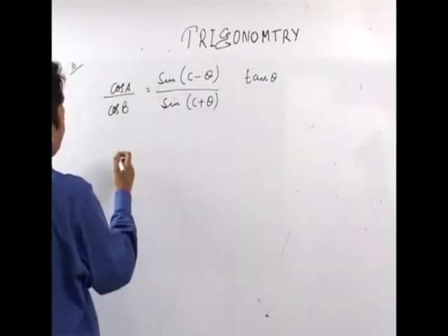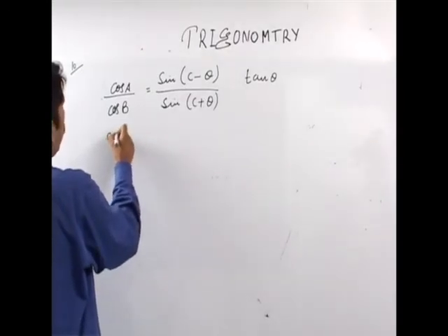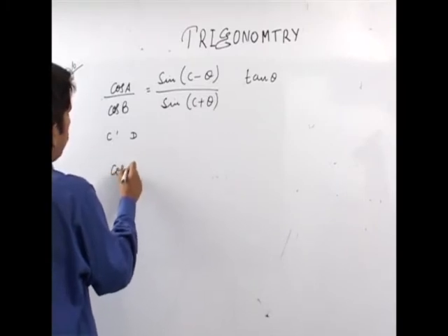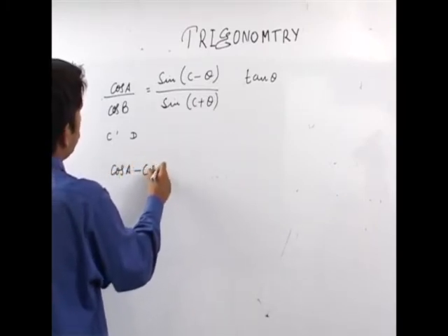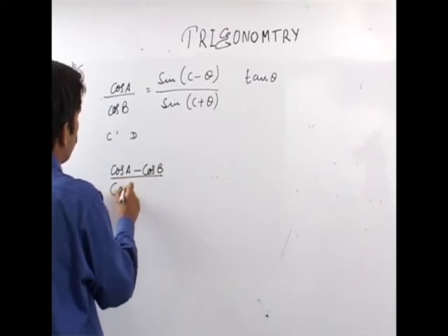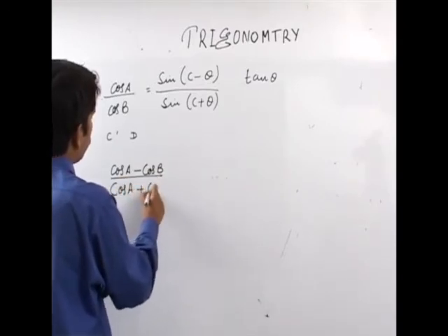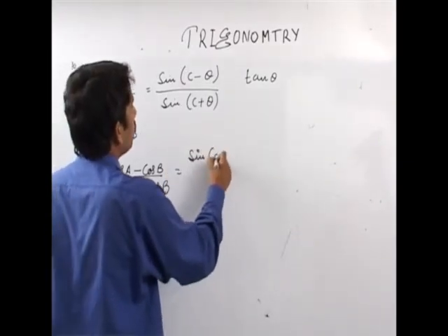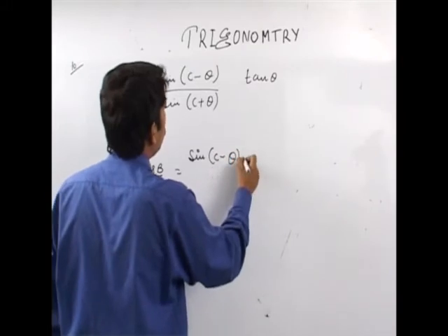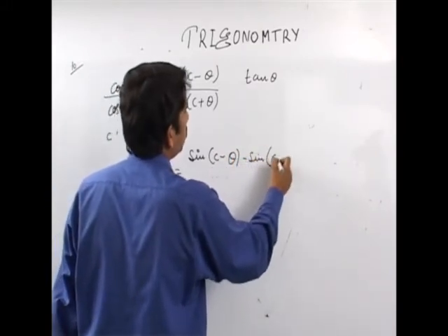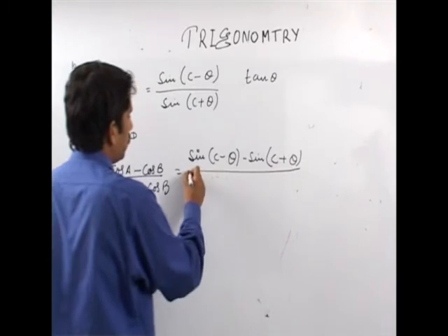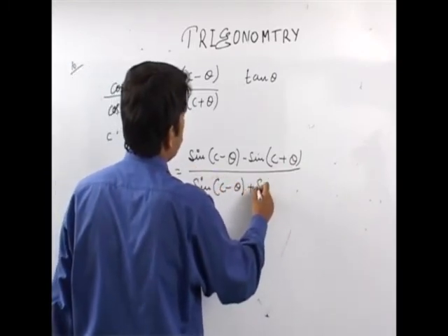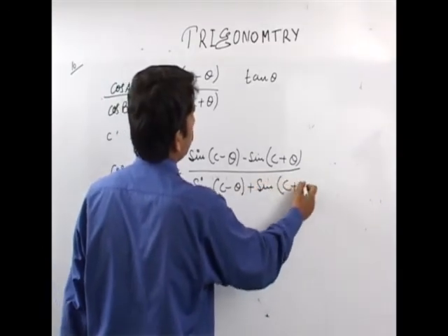Now to solve this equality, let us apply componendo and dividendo here. So you will get (cos A minus cos B) over (cos A plus cos B) is equal to (sine of (C minus theta) minus sine of (C plus theta)) whole over (sine of (C minus theta) plus sine of (C plus theta)).